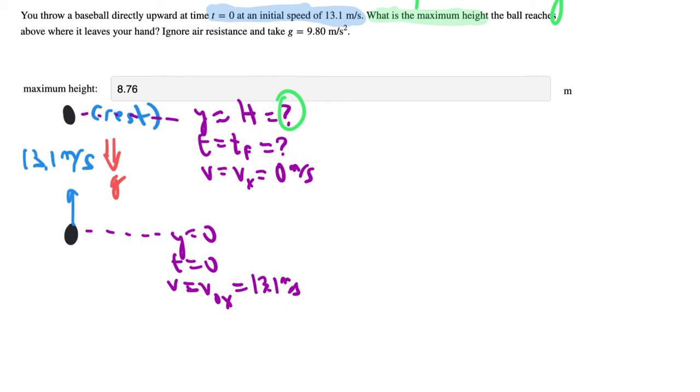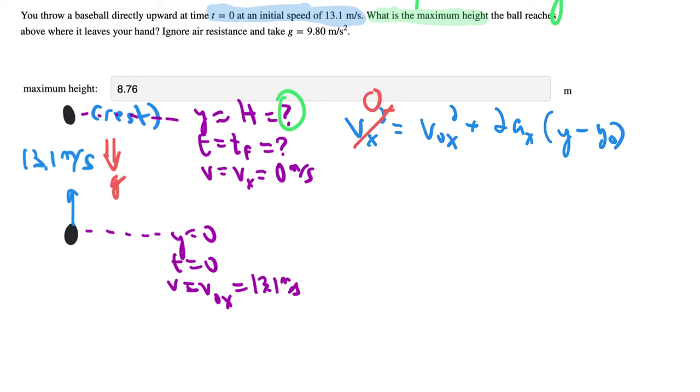So we're going to want the equation that doesn't have time in it. If you look at your equation sheet, you'll find that that's vx squared equals v0x squared plus 2 times ax times the height minus the initial height. And then we'll start saying, well, the final velocity is 0, and the initial height I decided was 0.